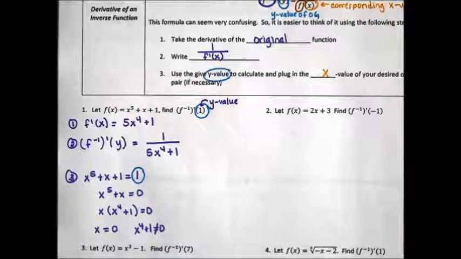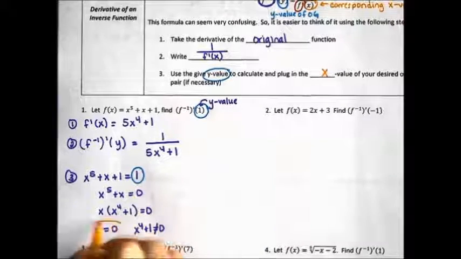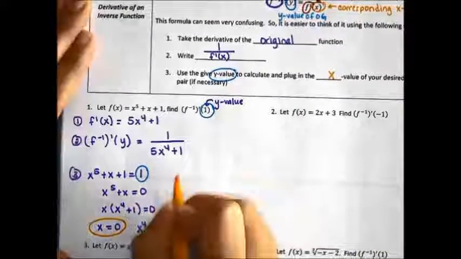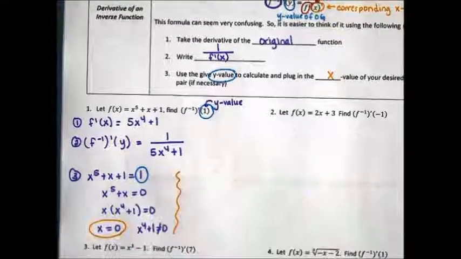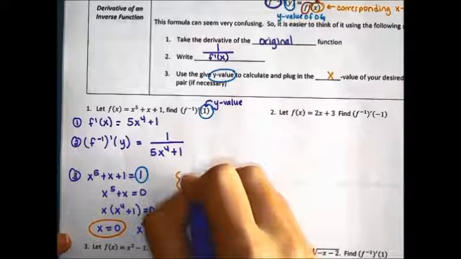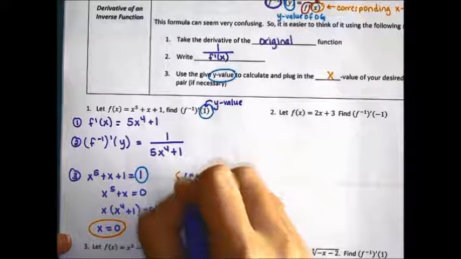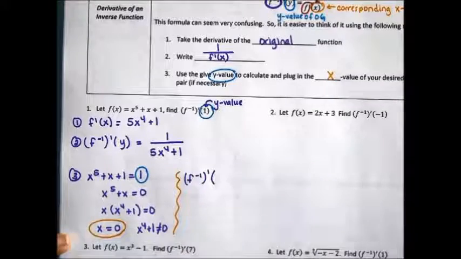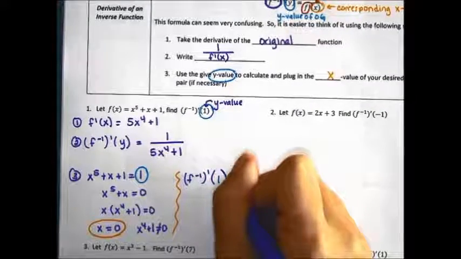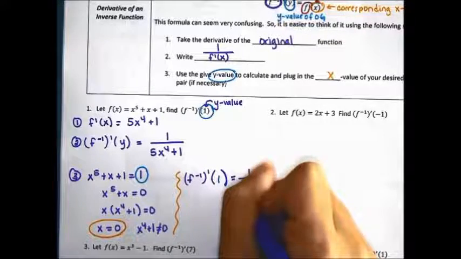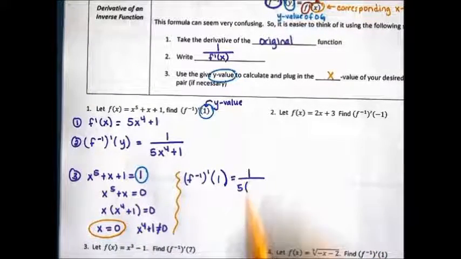So this would be the corresponding x value, which means the second part of the third step after you calculate that number is to actually plug that in. So the inverse function's derivative at the number 1 is 1 over the original function's derivative at 0.